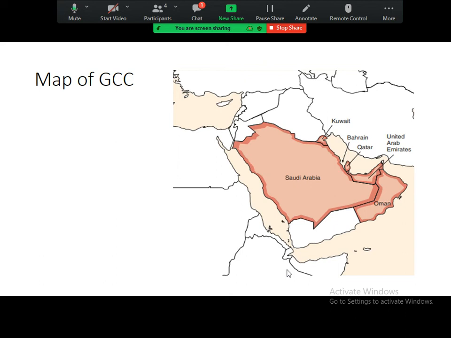The GCC is one of three newer regional organizations. In 1989, two other organizations were established, that is AMU and ACC. Morocco, Algeria, Mauritania, Tunisia, and Libya bundled together in the Arab Maghreb Union, that is AMU, and Egypt, Iraq, Jordan, and Yemen created the Arab Cooperation Council, that is ACC.